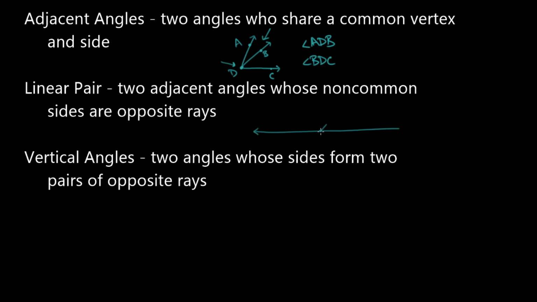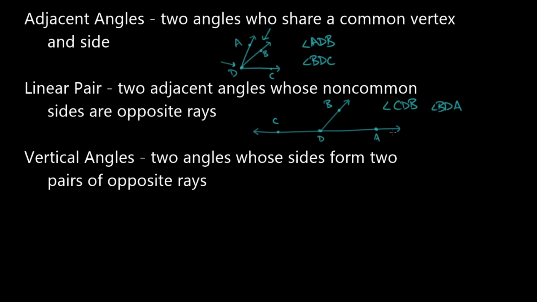So they share a side here, but these two other sides are opposite rays from each other. So the two angles here in this situation would be angle CDB and angle BDA. And so we'll notice some things about these.